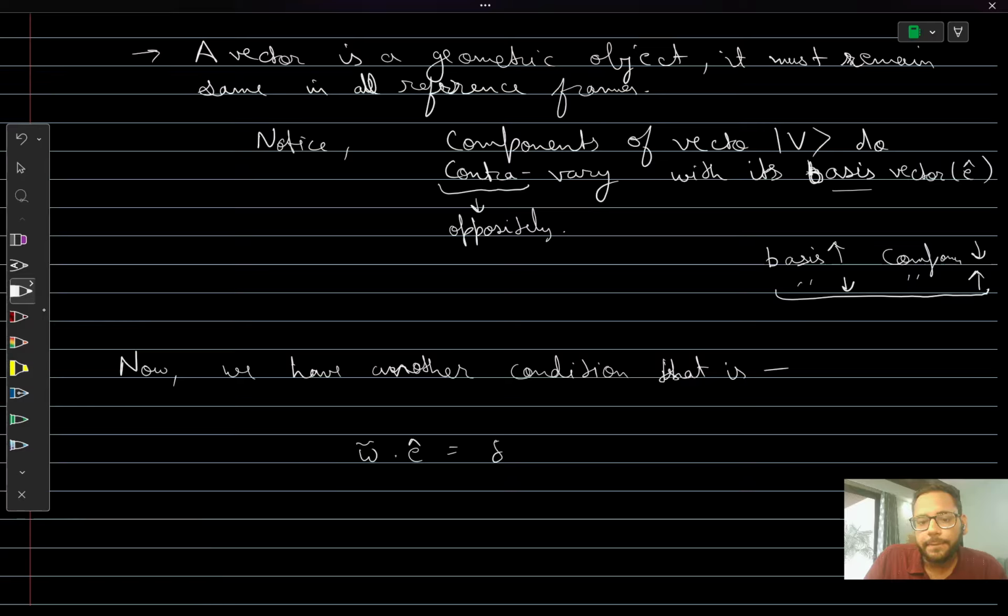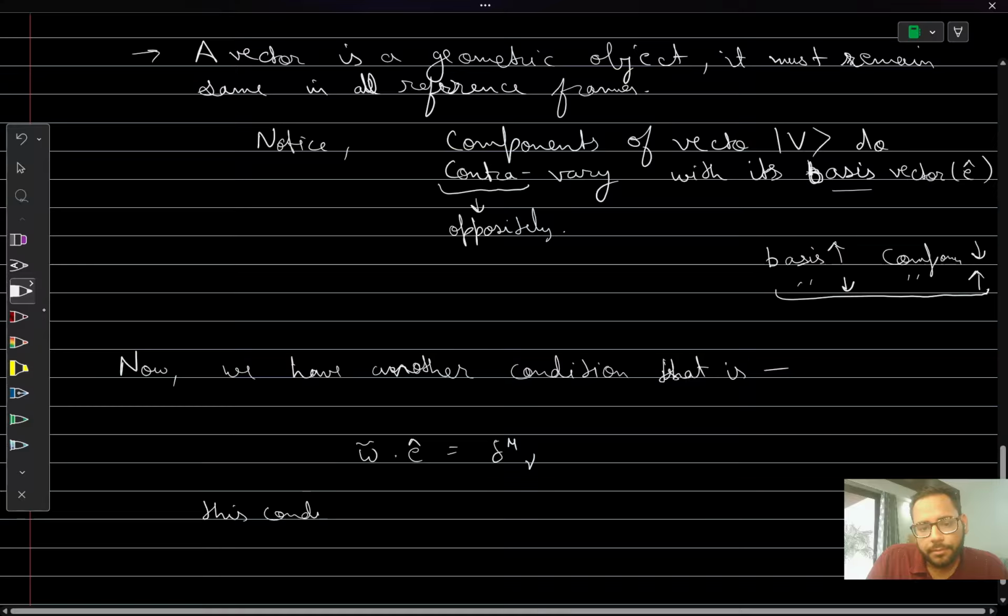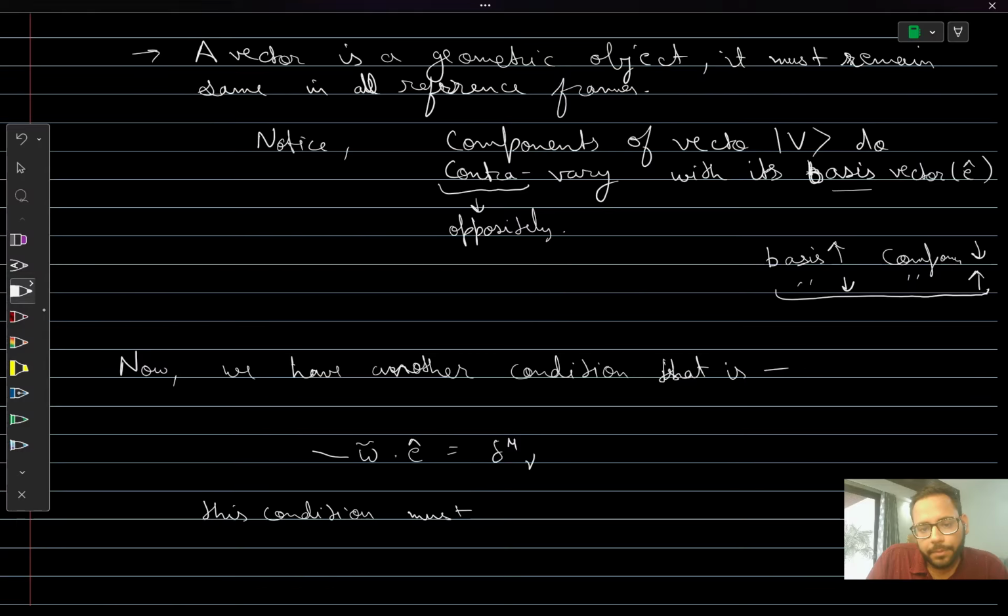I will place the indices later on. But since this condition must hold, so you remember this is the basis in dual space. Okay, and this is the basis in the original vector space.